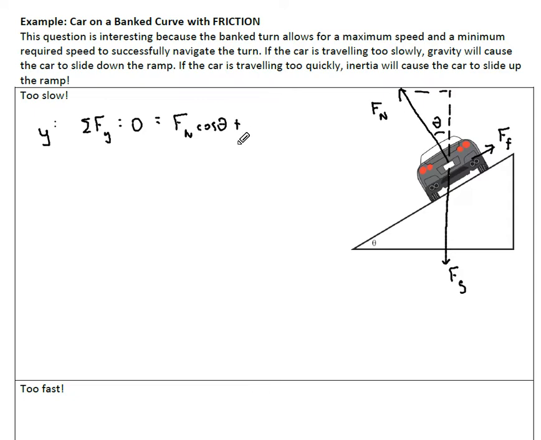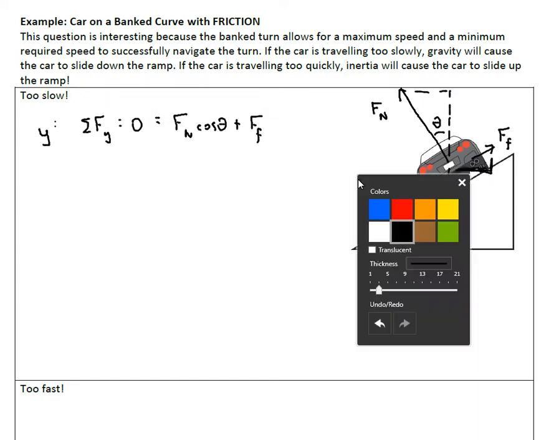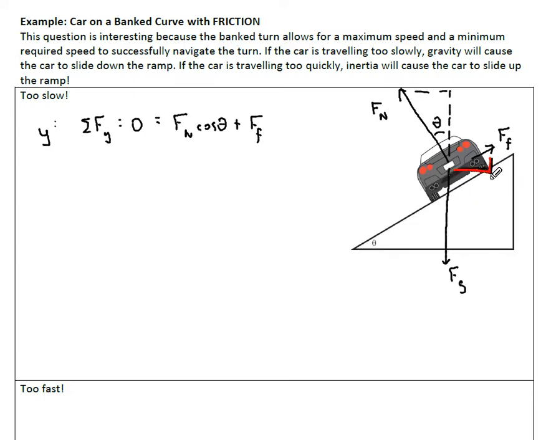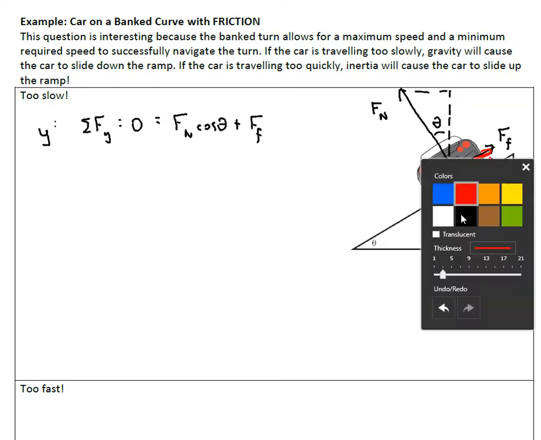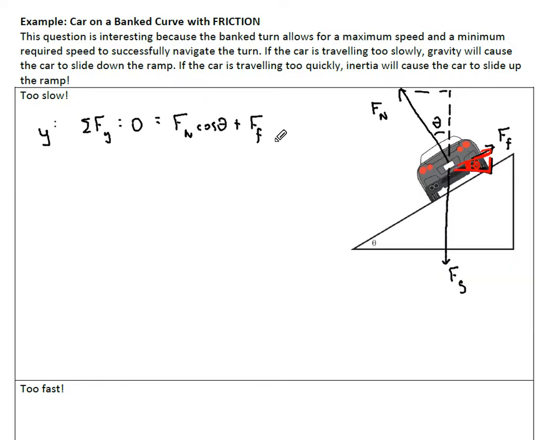But friction is also pointing up, so we have force of friction. If we draw a triangle for that one, use a different color, here is our triangle. We can see that this angle right here is theta. So when we write our equation, it's actually the sine theta component.